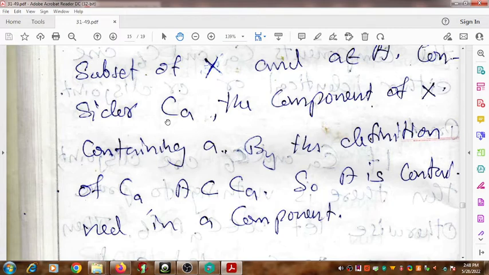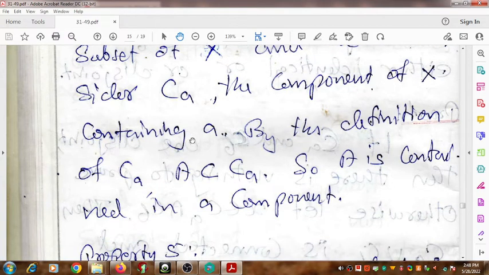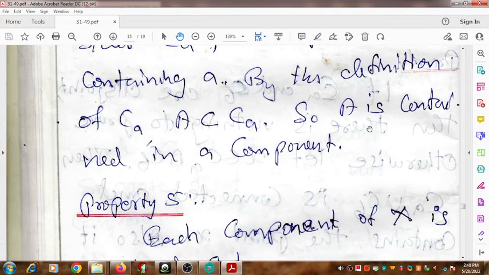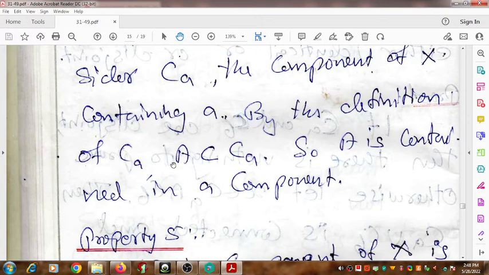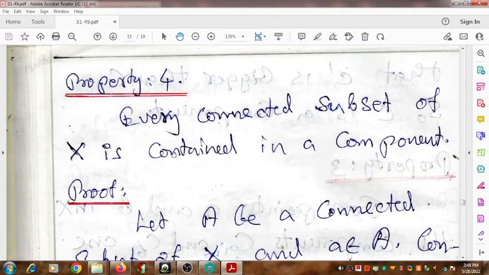By the definition of the component, since A is connected, A must be a subset of CA. So A is contained in that component. That completes the proof of property 4.